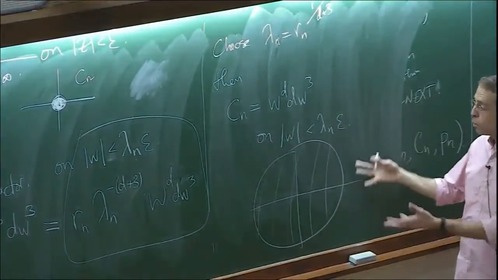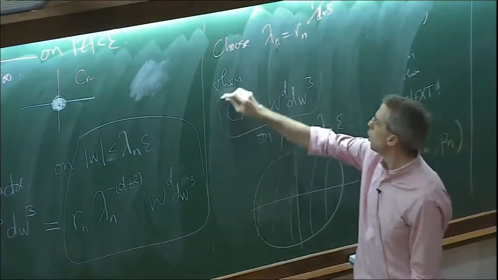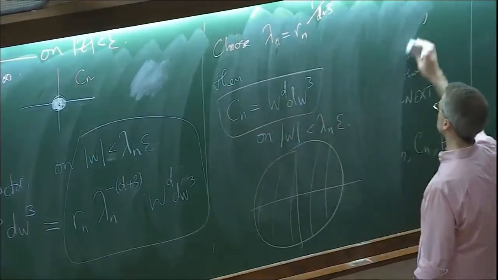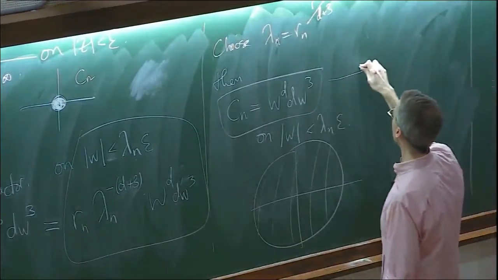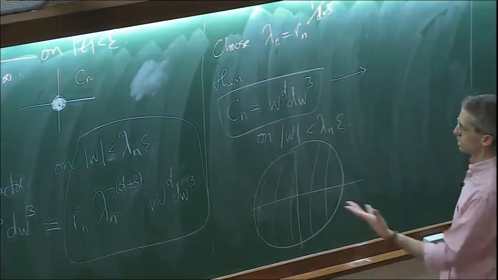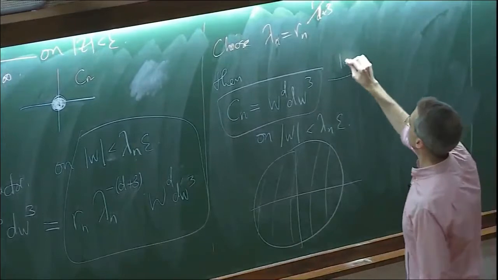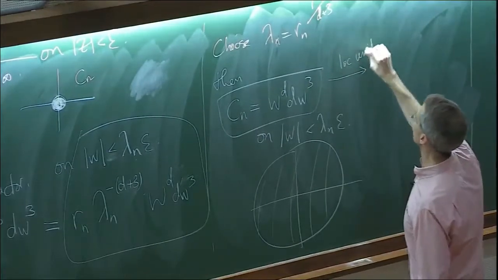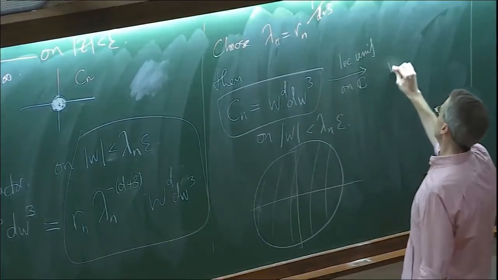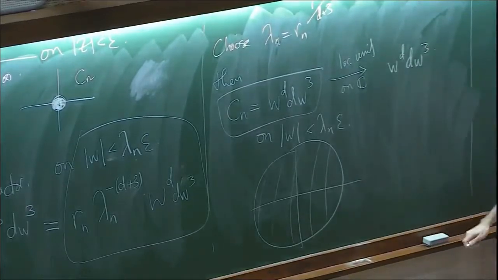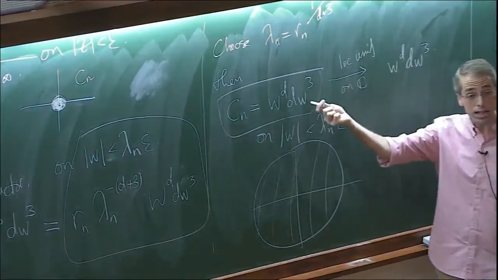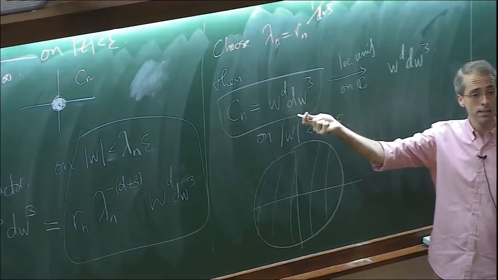After the fact, though, we now have locally uniform convergence of this to the differential W to the d dw cubed. Let me write it, and then it's going to look very strange, and let me convince you it's true. This converges locally on C to W to the d dw cubed. Why does this look very strange? This looks like the constant sequence, right?